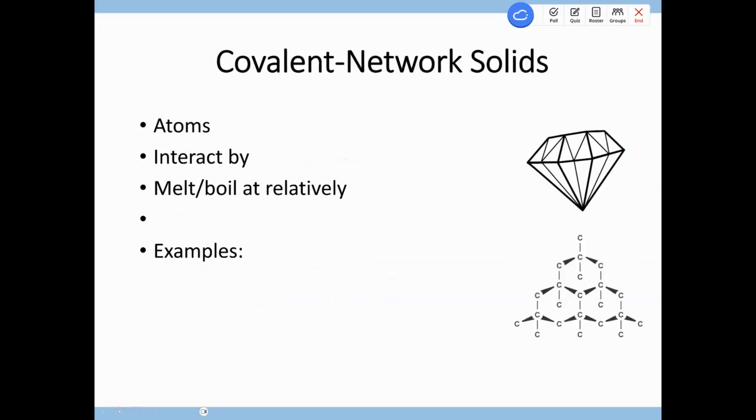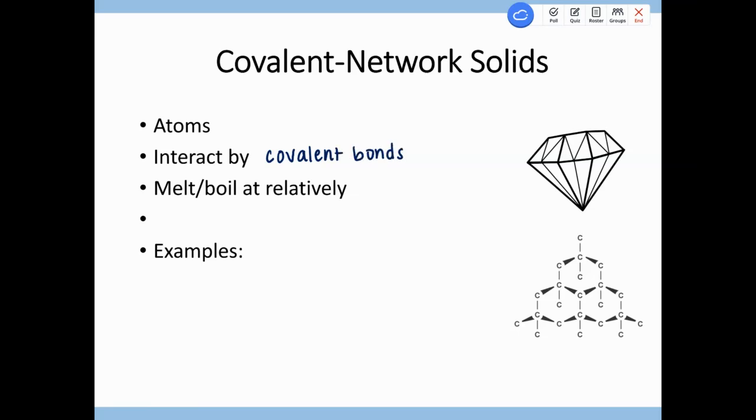Covalent network solids are atoms that are held together just by covalent bonds. A diamond is an example of a covalent network solid, where the diamond is made up of only carbon, and the carbon atoms are held together by only covalent bonds. These are all representing covalent bonds here. These are atoms that interact by covalent bonds.